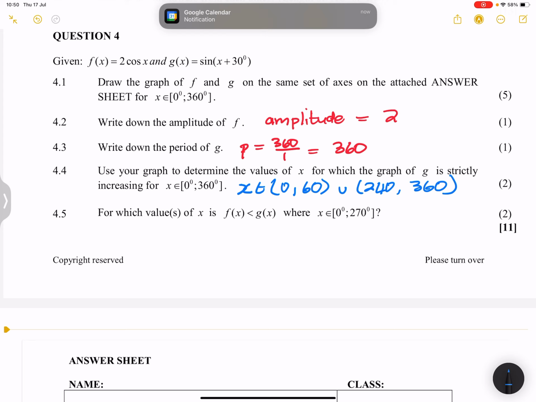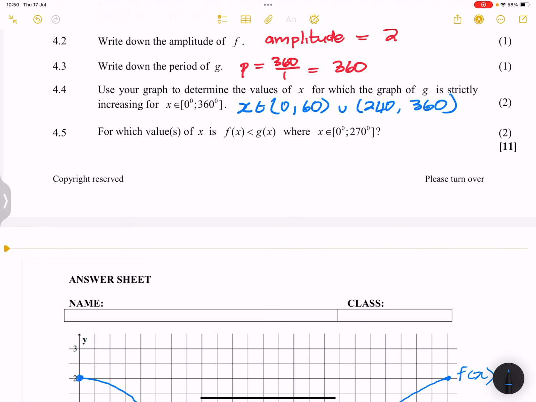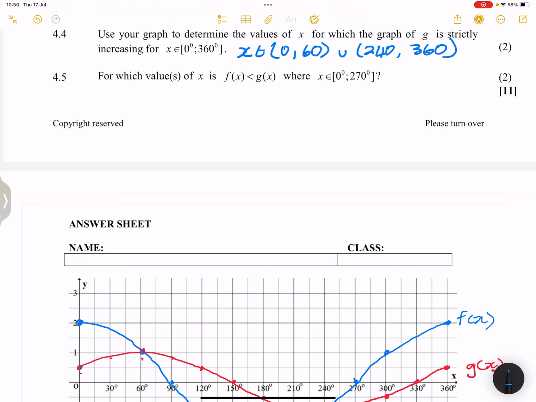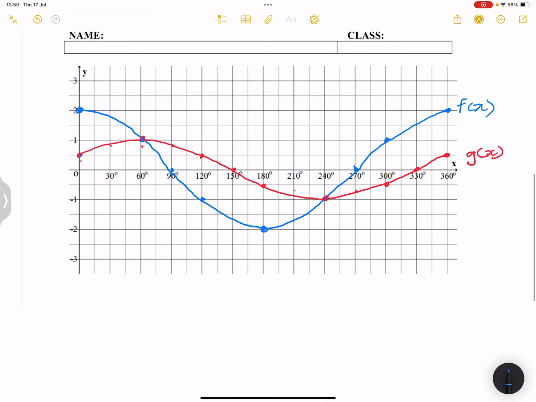Now the next one, they say for which values of x is f of x less than g of x, between 0 and 270. Now note, we are looking for when f, the blue graph, is below the red graph. You can see that's between 60 and 240.